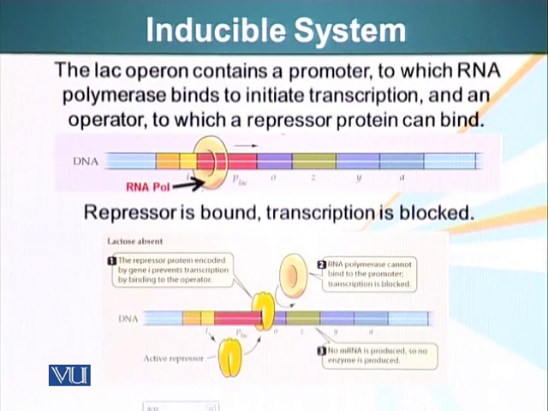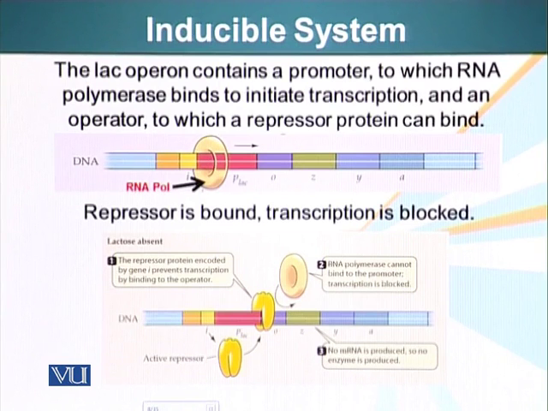So let's see how this operon works. If there is no restriction, RNA polymerase can bind the promoter and transcribe the structural genes we have talked about, without any problem. However, this happens when lactose is present in the environment of this bacteria.